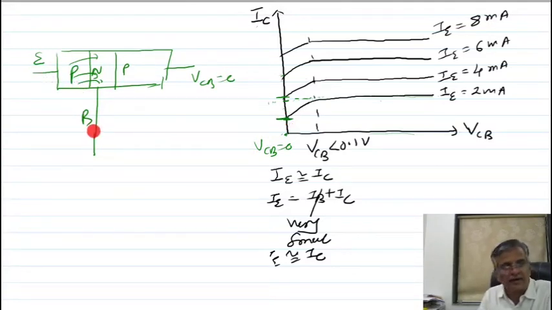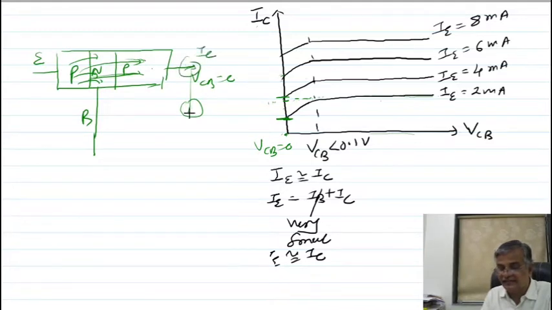This is in forward bias, so the charge carriers can easily cross this depletion layer. But due to the internal potential barrier at the depletion layer, the charge carriers will enter into the collector, and due to these charge carriers some current IC will be obtained here, even though you are keeping 0 voltage.